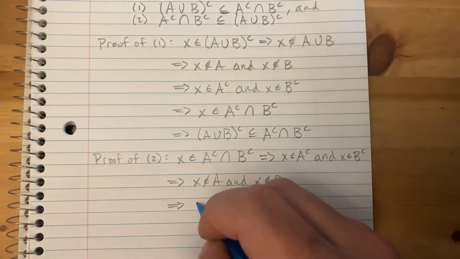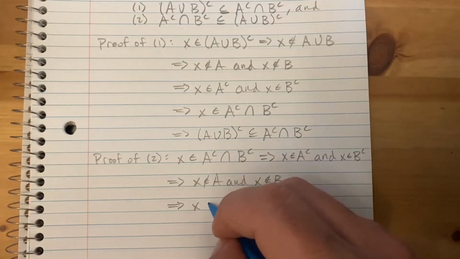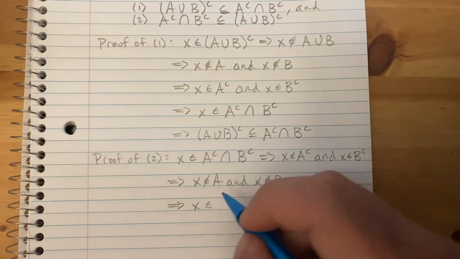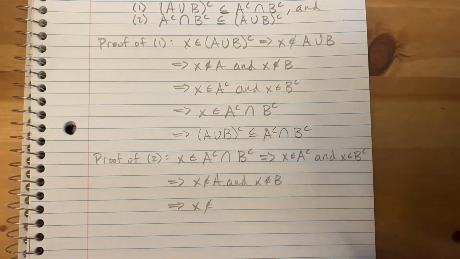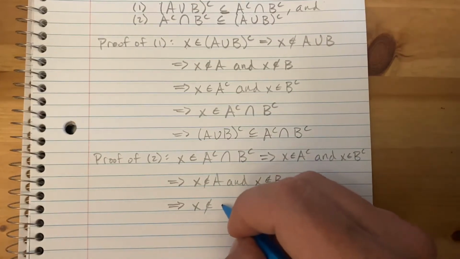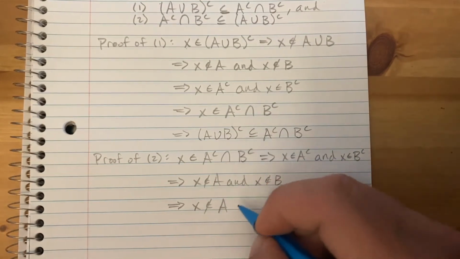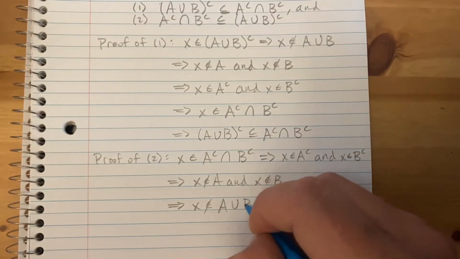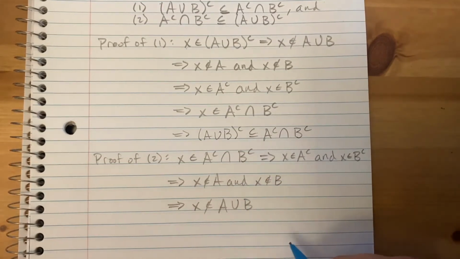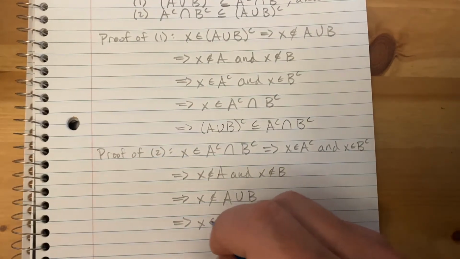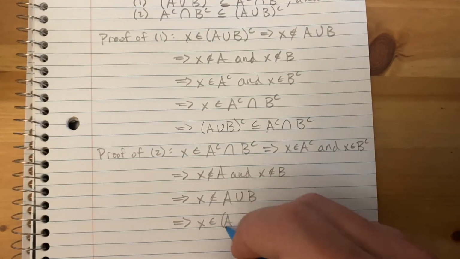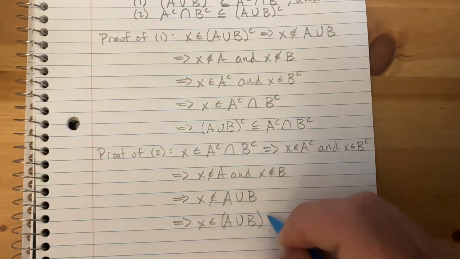That basically implies that x is not an element, I suppose, of A union B. And that's simply the definition of a complement. So x is an element of (A union B) complement.